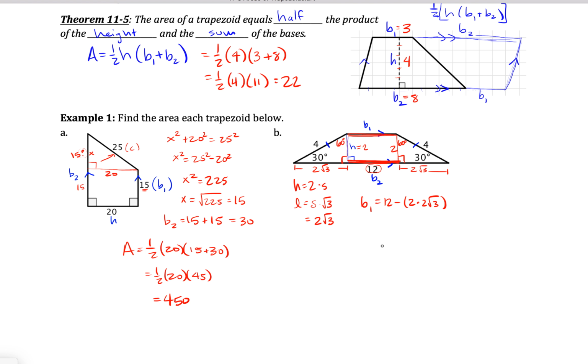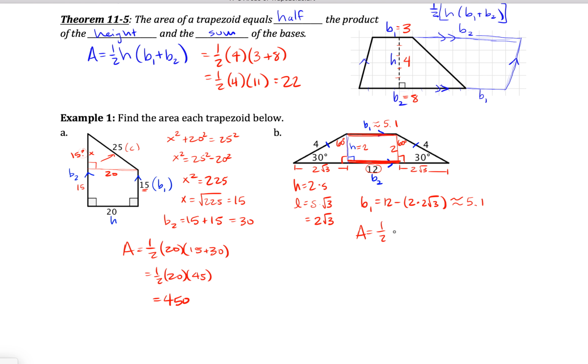So I'm going to say 12 minus 2 times 2 square root 3. And my calculator tells me that's going to be about 5.1. So base 1 is going to be about 5.1. So now I can use my formula.